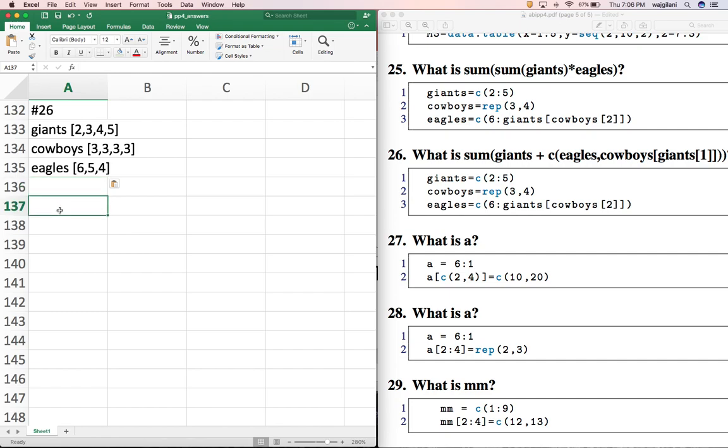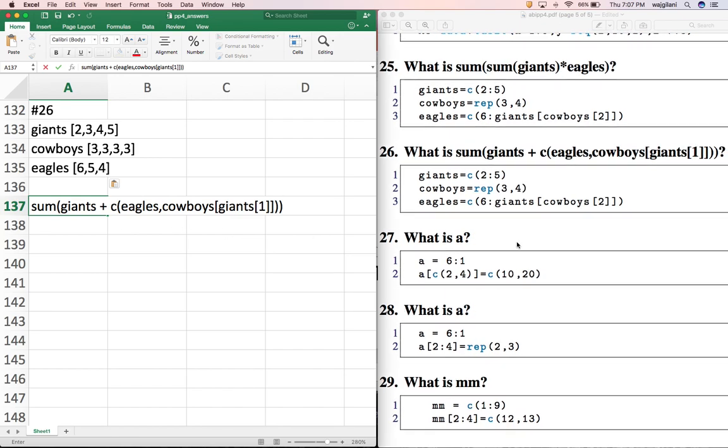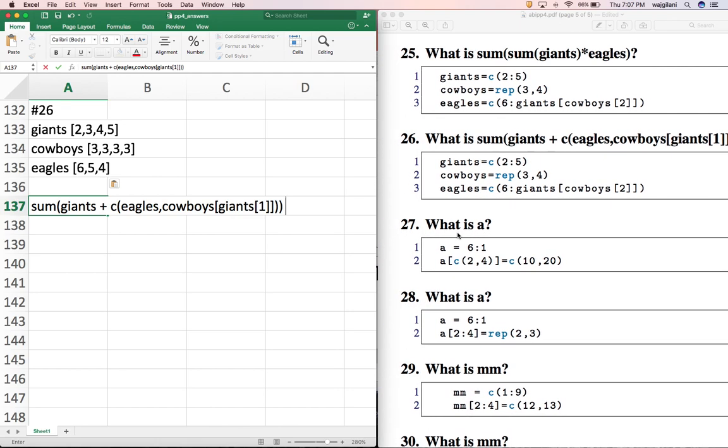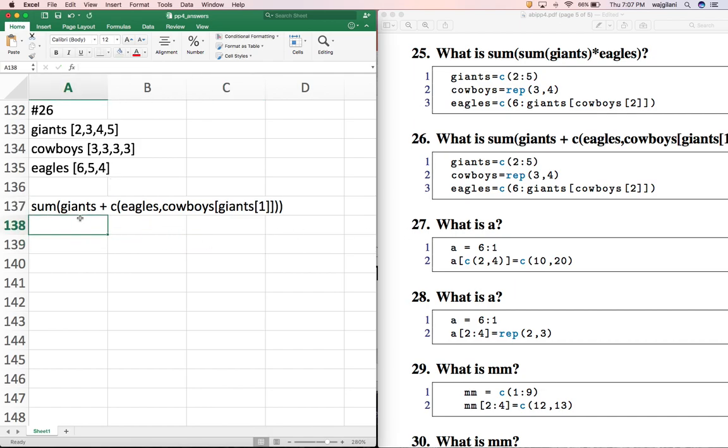So here, this becomes sum Giants plus C eagles Cowboys giants, bracket 1, close bracket, parenthesis, parenthesis, parenthesis. All right, good.